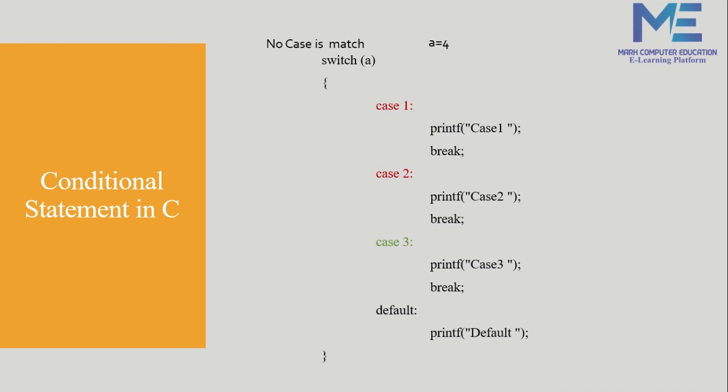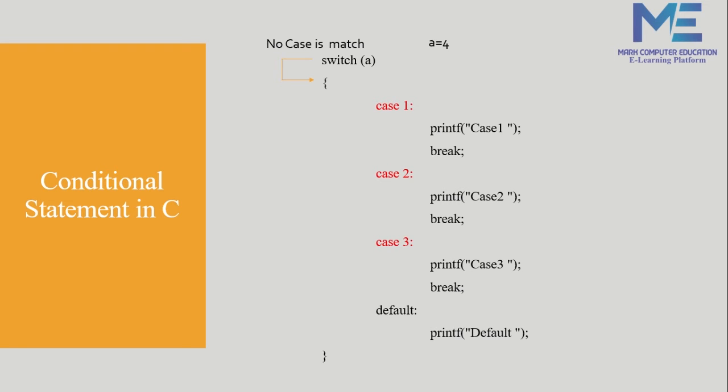But if no case is matching my given value, let's see. It will take an entry in the switch statement and check the case with the given value; it will not match. Again it will check another case, also unmatched, another case also unmatched.